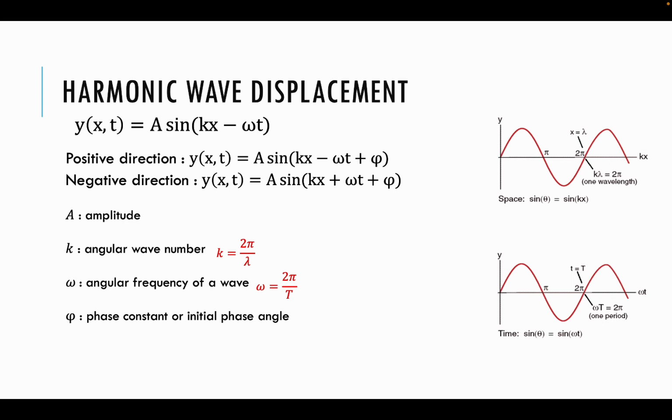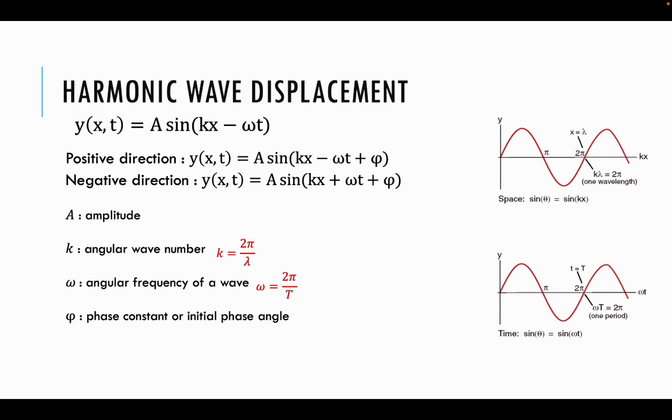Let φ equal 0. Try to follow some point on the wave, for example, a crest. For a crest, we always have kx − vt equal to π over 2.